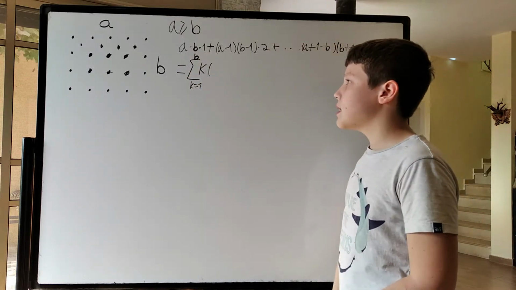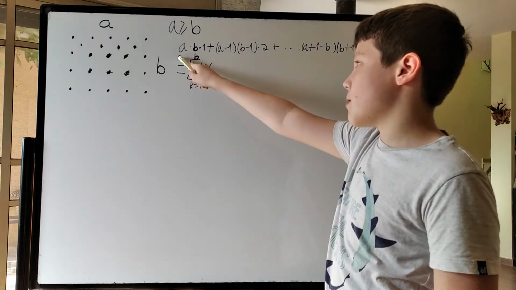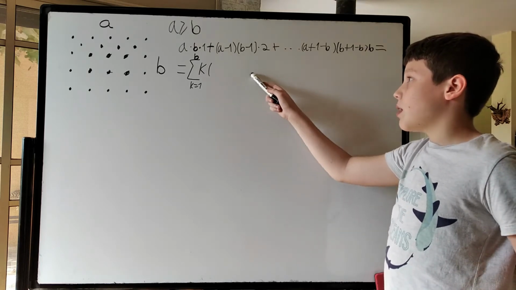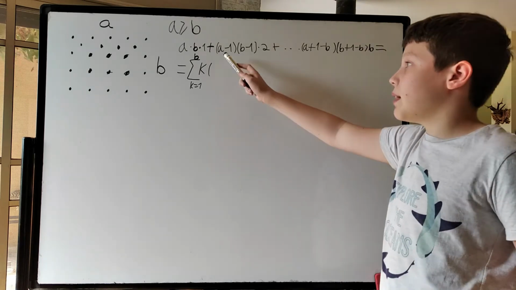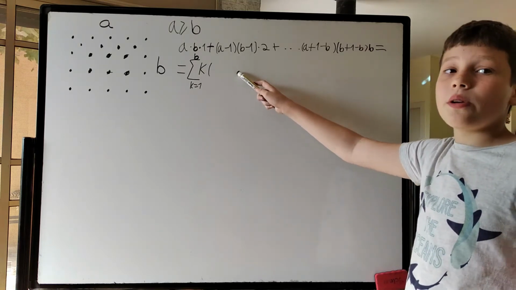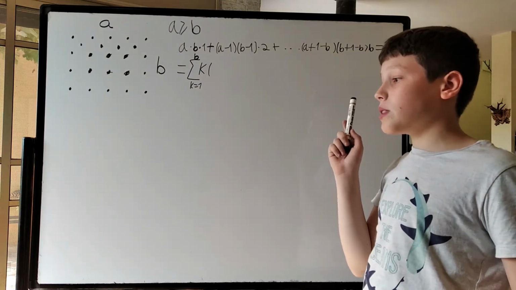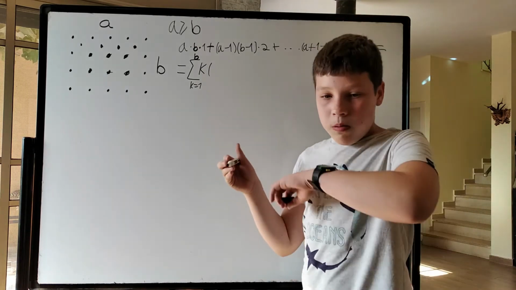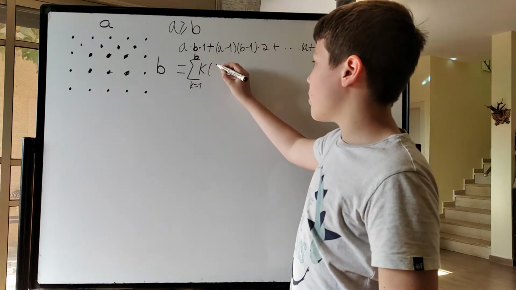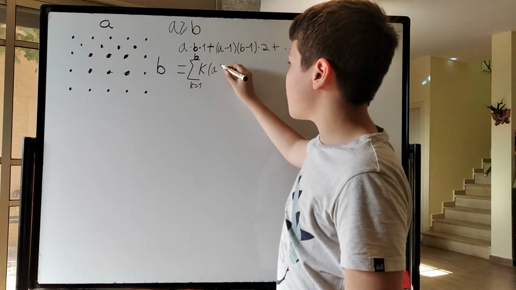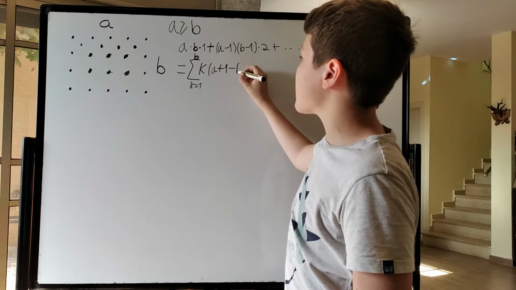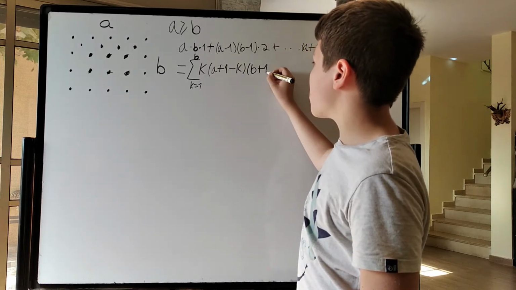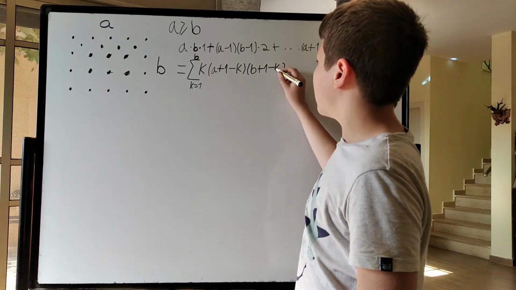And you might notice we can write this as A plus 1 minus 1, B plus 1 minus 1. And this is, well, A minus 1, B minus 1. And then this will actually be A plus 1 minus 2, B plus 1 minus 2. Then A plus 1 minus 3, B plus 1 minus 3. So we can say that for the kth term, it's going to be multiplied by A plus 1 minus K, and then times B plus 1 minus K. And that's it.